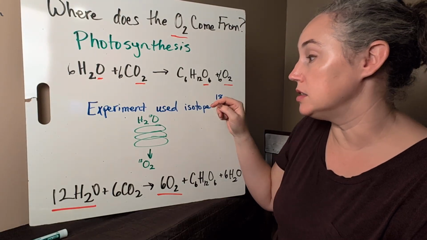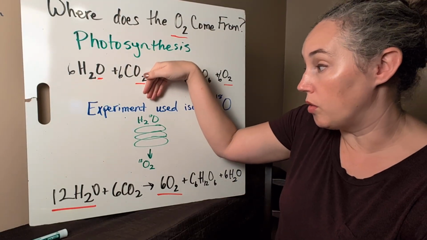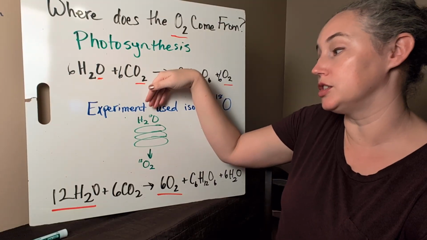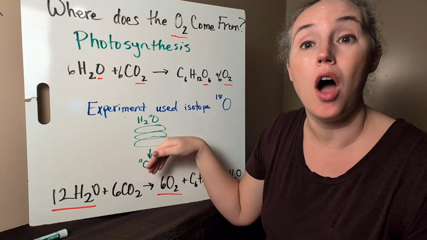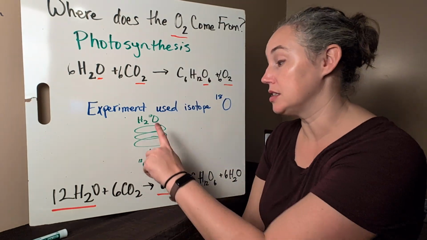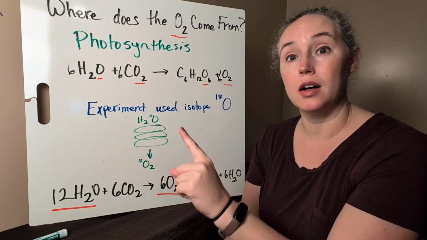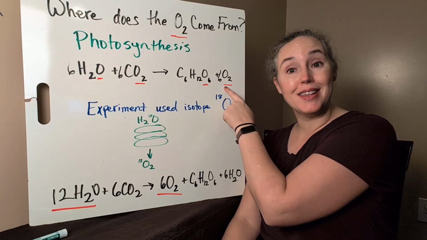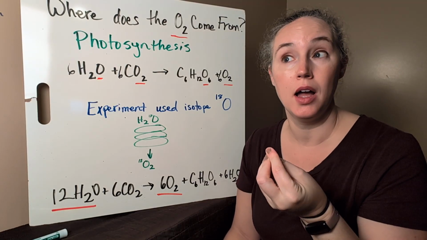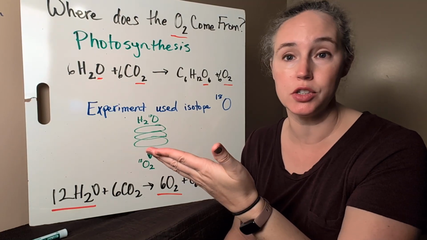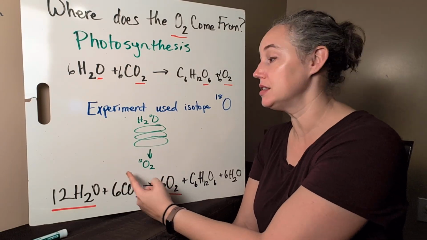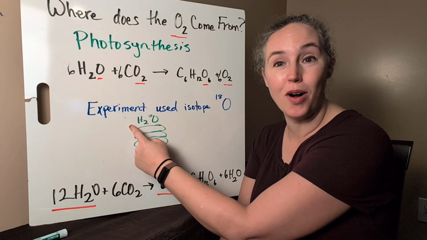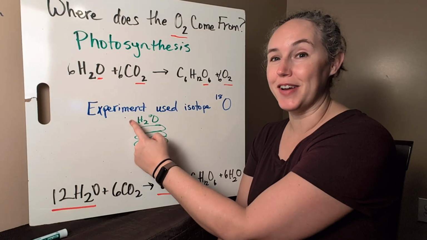And what they found was when they made water molecules with oxygen 18, after the light reactions, and after all of photosynthesis, all of the oxygen gas produced at the end was that heavier version of oxygen, which means all the O2 has to come from the splitting of water in the light reactions.